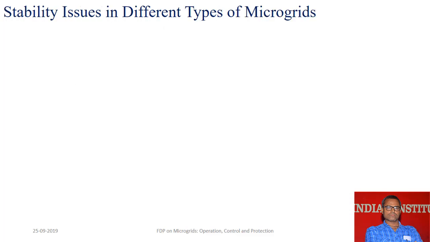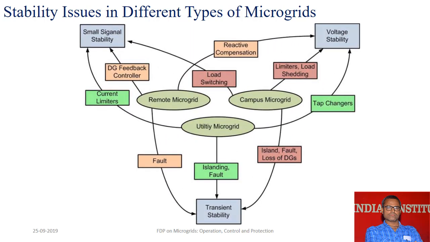So now we'll see the stability issues in the different types of microgrid. What are the issues in the microgrid? You can see here we have three types of stability: small signal stability, voltage stability, and transient stability, right? And we have the different types of microgrids here: remote microgrid, campus microgrid, and utility microgrid, right?